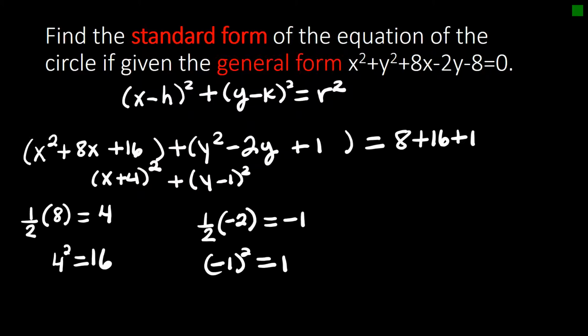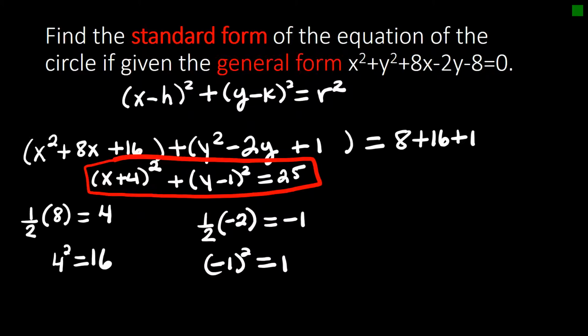Remember, whatever half of that y coefficient is what you'll get when you do the factorization. Then when I add my constants together, I have 8 + 16 + 1, which is 25. So this is my standard form: (x + 4)² + (y - 1)² = 25.